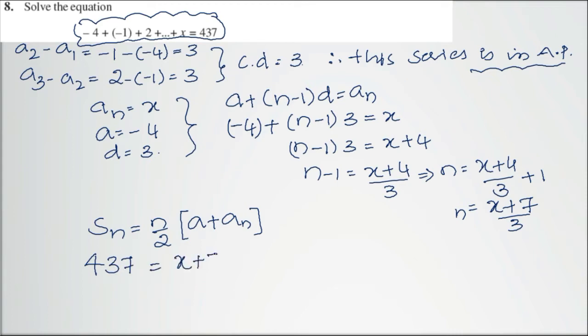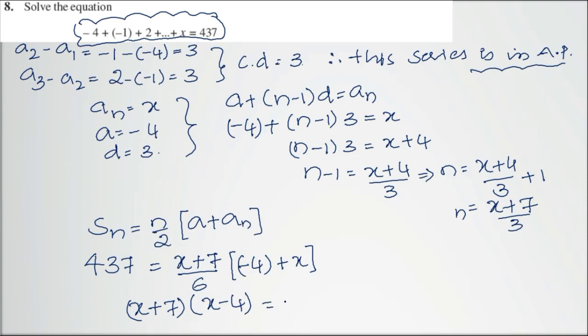So it is x plus 7 divided by 6 multiplied to the first term -4 and the last term is x. Therefore, we get x plus 7 multiplied to x minus 4 equal to 437 multiplied to 6.